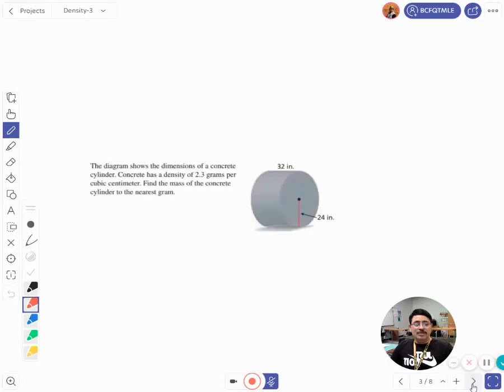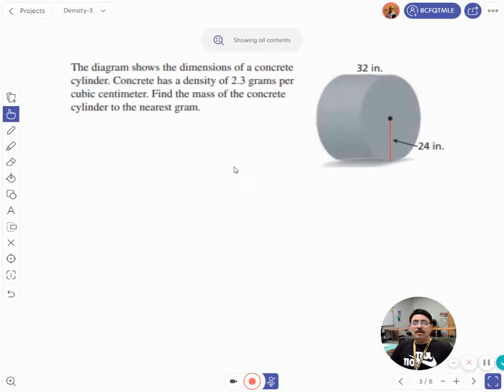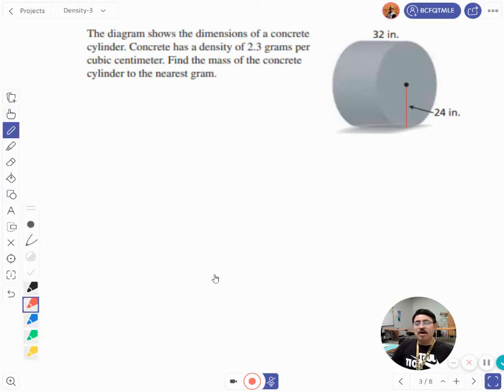Now, let's start really quick with one very good question. This question is from Big Ideas Math. The diagram shows the dimensions of a concrete cylinder. Concrete has a density, so always, first of all, you copy the information.